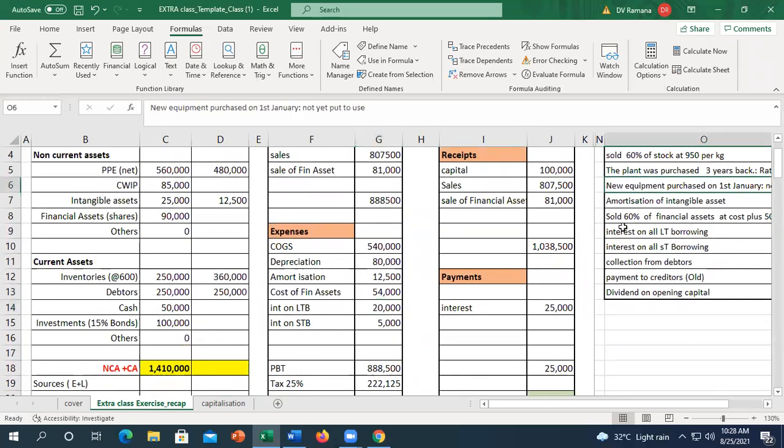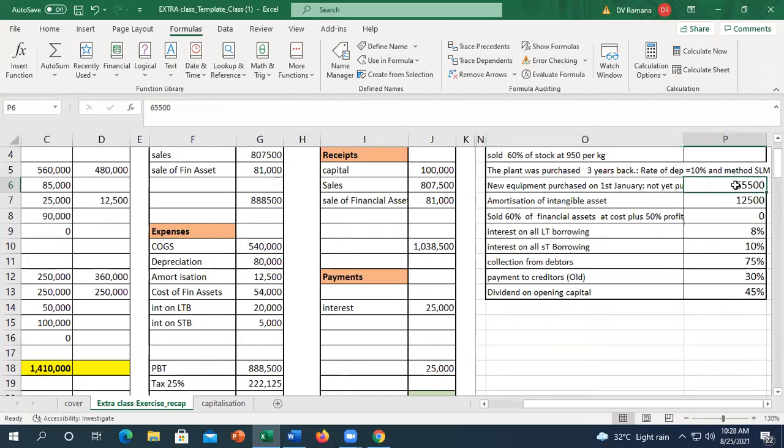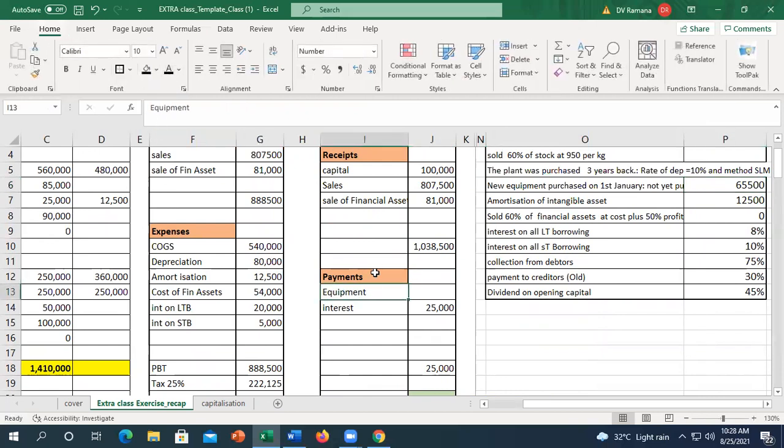There is one transaction which I forgot here: a new equipment purchased on 1st January, 65,000. But it is also important to observe that it has been mentioned that it has not been put into use yet.